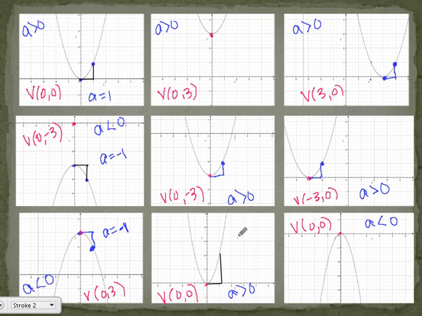That means A is 2. In this last and final example, I have gone to the right 1 and then down 2. That means A is equal to -2.